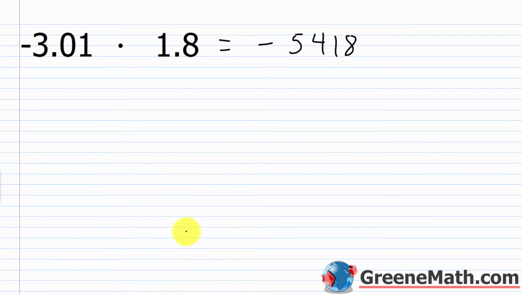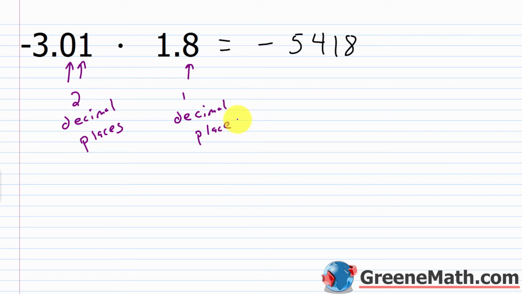And let's just figure out where we're going to put our decimal point. Again, I'm looking for how many decimal places I have between the factors. So here I have 2 decimal places. Here I have 1 decimal place. So between both factors here, I have 3 decimal places.